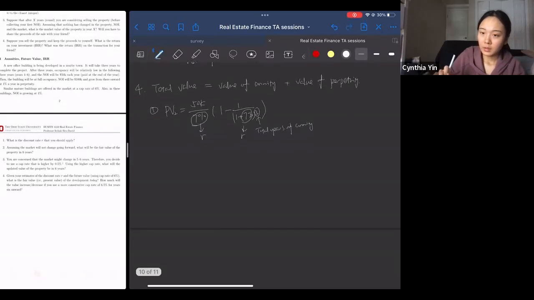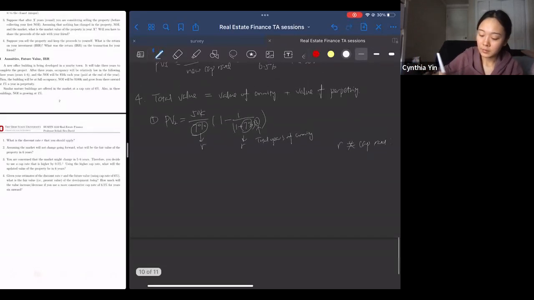So I want to emphasize again, R is never equivalent to cap rate. I saw many of you plug in 6% in the PV2 calculation. This is not right, because 6% is the cap rate, not the discount rate.